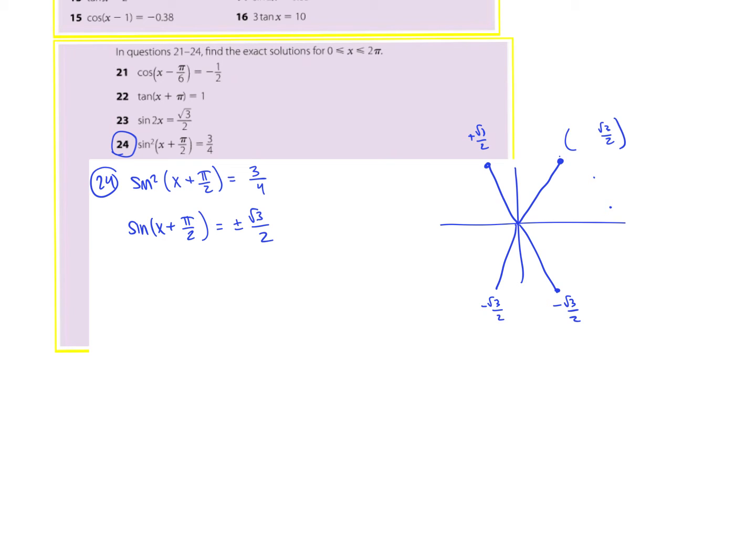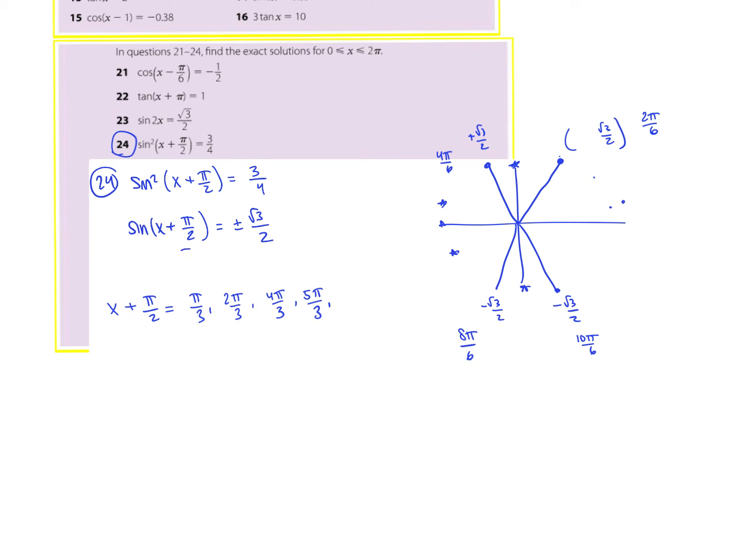So I'm going to have x plus pi over 2 equal to, this is 1 pi 6, this is 2 pi 6, which is pi thirds, 3 pi 6, this is 4 pi 6, which is 2 pi thirds, 5, 6, 7, this is 8 pi 6, which is 4 pi thirds, 9, 10 pi 6, which is 5 pi thirds.